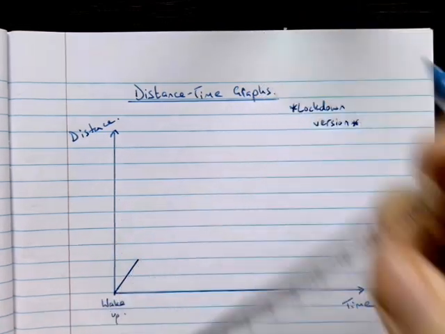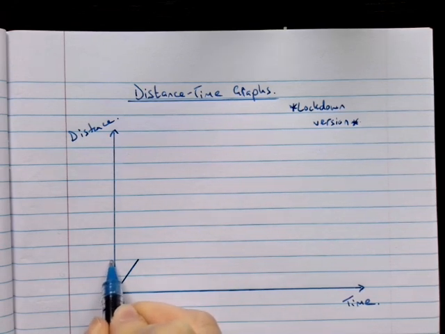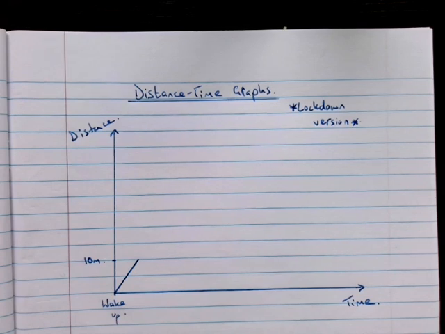You can see that at the very start, as time goes on, your distance is increasing because you are walking to the bathroom. It takes you this much time and it's this much distance. Let's say this is from your bedroom to your bathroom, 10 meters.